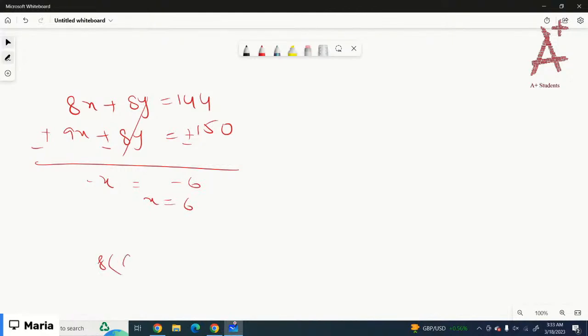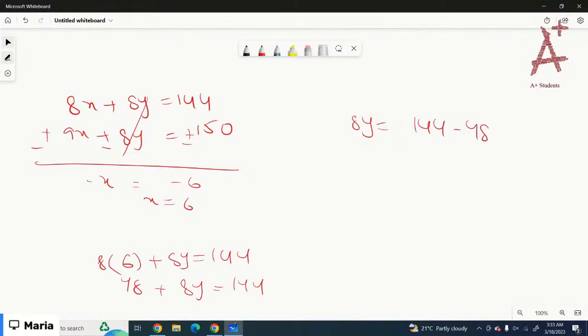So it would be 8 times 6 plus 8y equals 144. 8 times 6 is 48. 48 plus 8y equals 144. So 8y equals 144 minus 48. Got it? Let me just use the calculator. 144 minus 48 is 96, and 96 divided by 8 is 12.